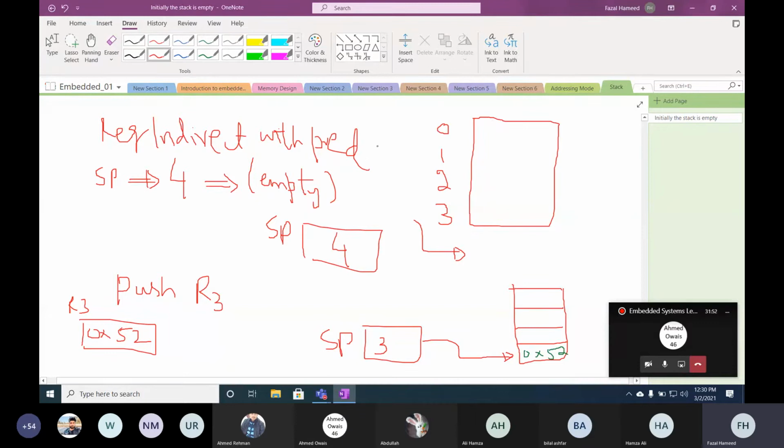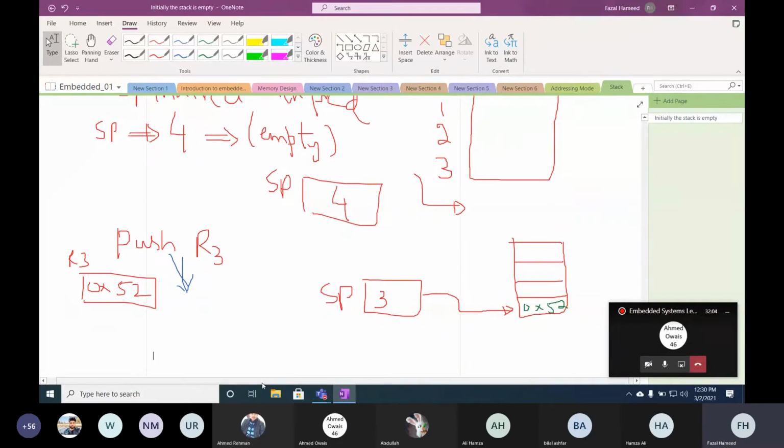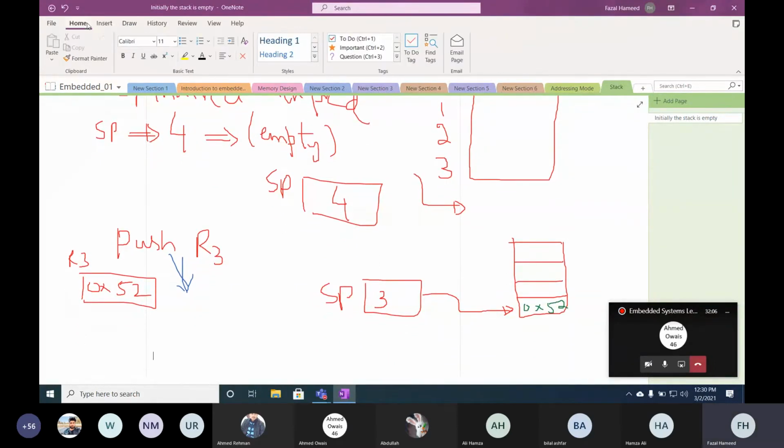So when we decrement the register, we are using something like this. I am increasing the font size now.